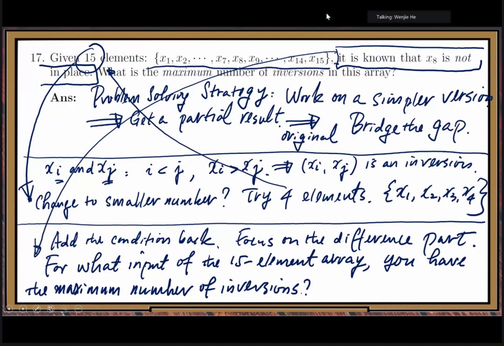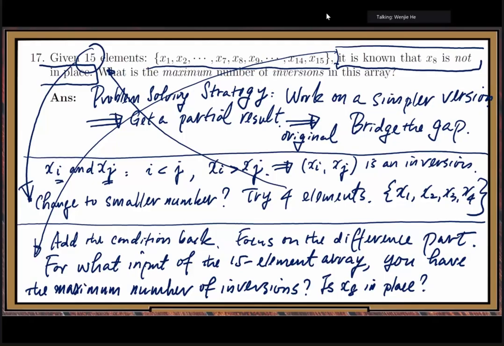You need to know that specific input. Then look at that: is x8 in place in that input? Think about that. If x8 is not in place, it's possible.